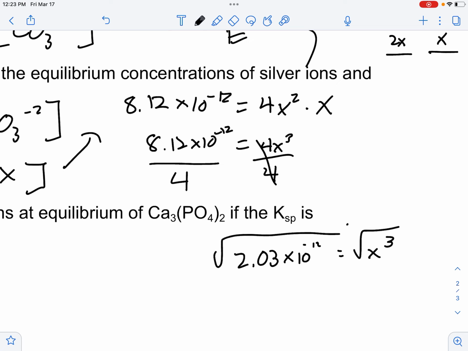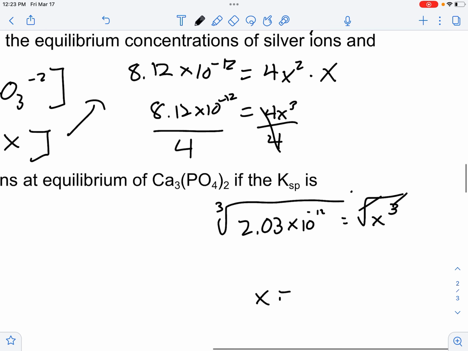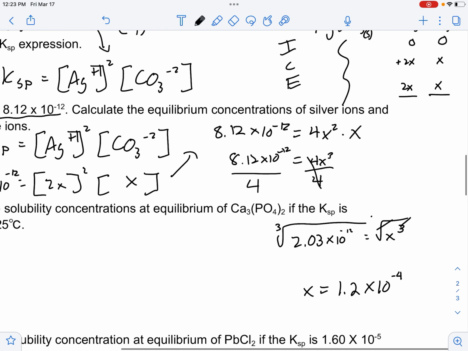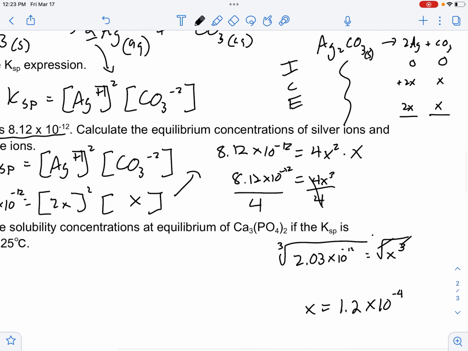So I'm cube rooting both sides. So x is going to equal 1.2 times 10 to the negative fourth. All right, so we know what x equals. Now, if we look back at our ice table up here, what concentration was x?